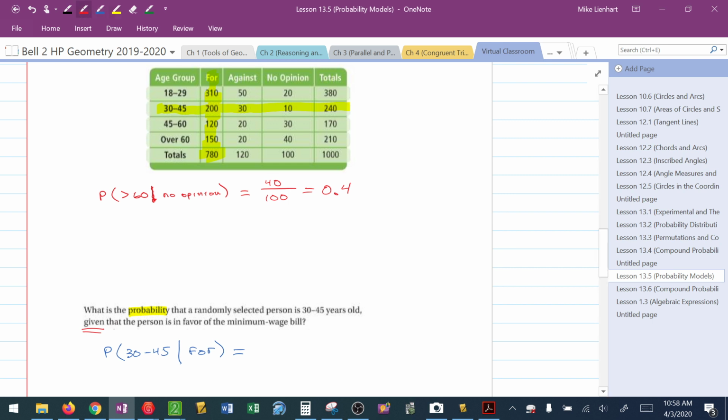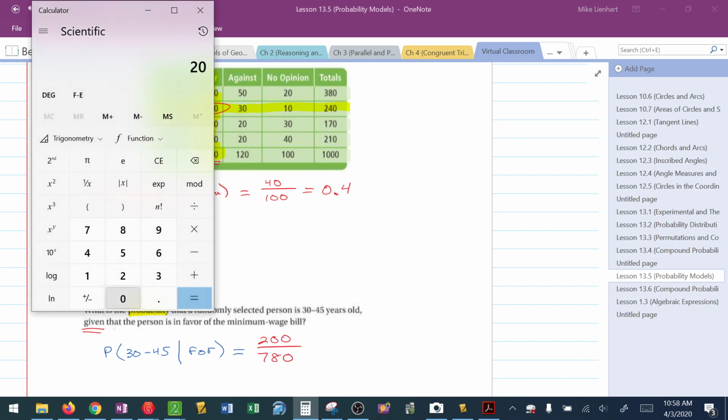I know that my success is right there at 200. And I know that my total is going to be the total for. Why? Because that was what I used for the given. So it's 200 over 780. And that would be, let's do it, 200 divided by 780, which would be 0.256.